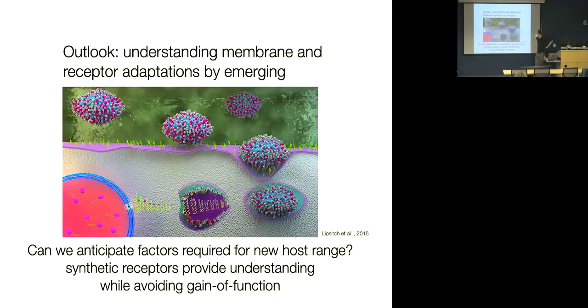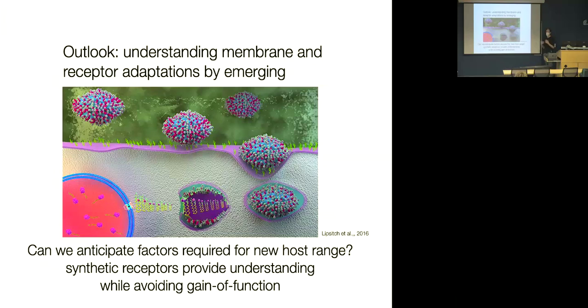So broadly, to zoom out, we're really interested in looking at how emerging viruses undergo receptor and membrane recognition and how, as they change between host and cellular and intracellular niches, these alter.